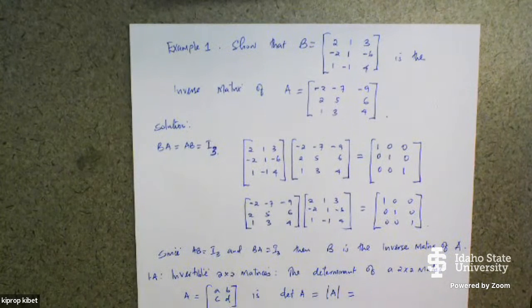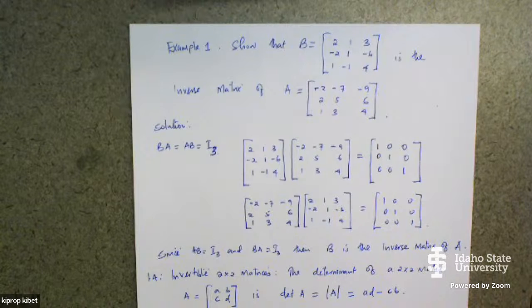It is the product of the diagonal minus the product of the other diagonal, which is AD minus CB. So the determinant of A is AD minus CB.